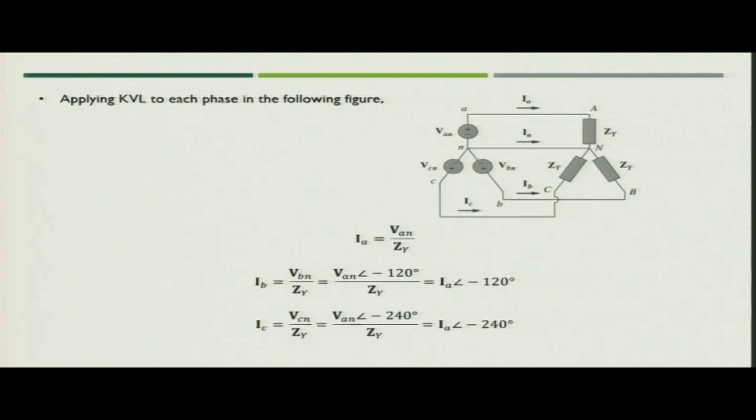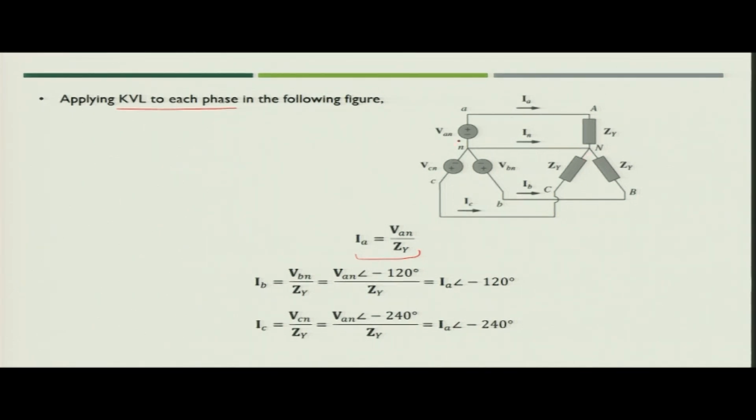Now, if you apply KVL to each phase, what can you write? The current I_A, which is flowing on the line connecting phase A of the generator to phase A of the load, you can simply write as V_AN by Z_Y. Since we are talking about the balanced system, we can conveniently write like this.